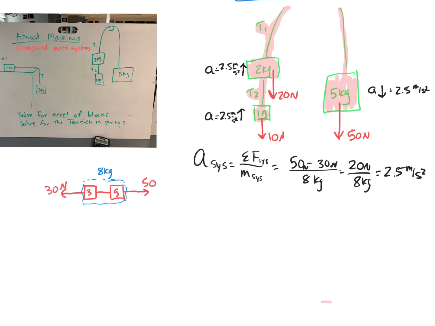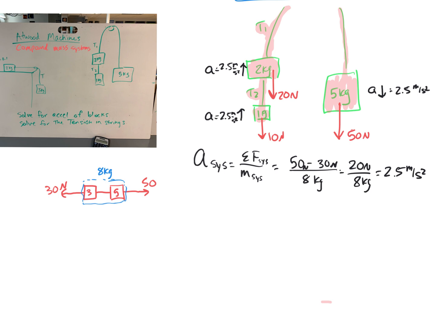That logic will always give you a positive number. So then I can just talk about this acceleration as positive, because it's going in different directions. On this side it's up, this side it's down, but it's always this value of 2.5. So I just do it as forces in the direction of acceleration minus the forces opposing the direction of the acceleration. Once I have that, I can start looking at the ropes.